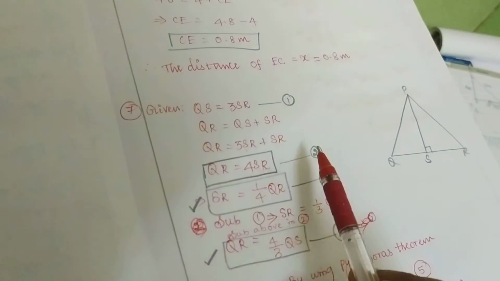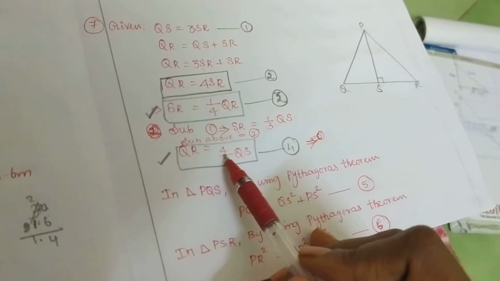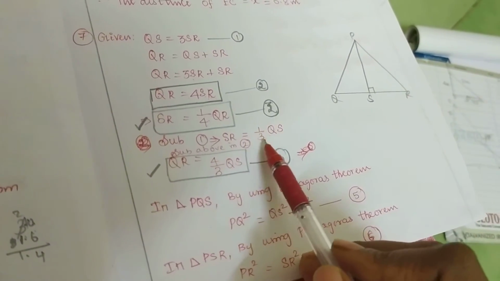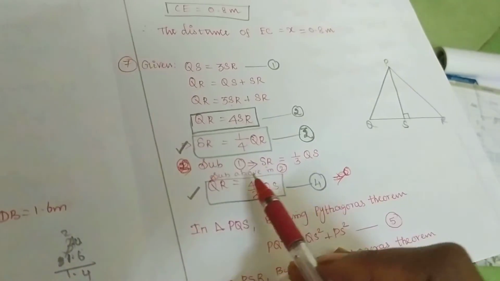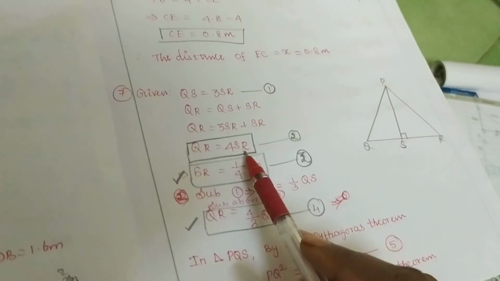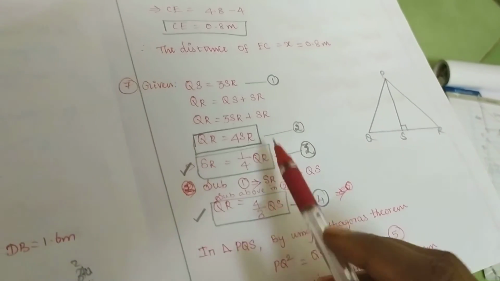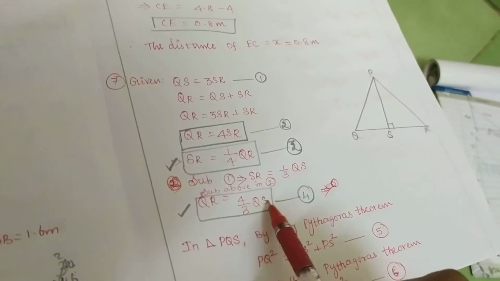This is the first, second and third equation. From the first equation, SR equals 1 by 3 QS. Substituting that value in the second equation, 4 into SR gives 4 by 3 QS.